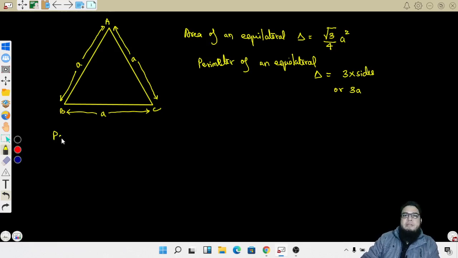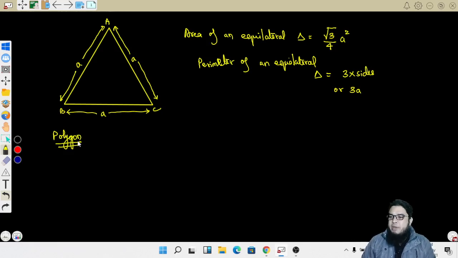Next one is the polygon. If we talk about a polygon, it means a minimum of 3 sides. We have talked about the triangle. It could be a square, a rectangle, a pentagon, a hexagon, a decagon, a nonagon. There are different kinds of polygons depending on the number of sides.